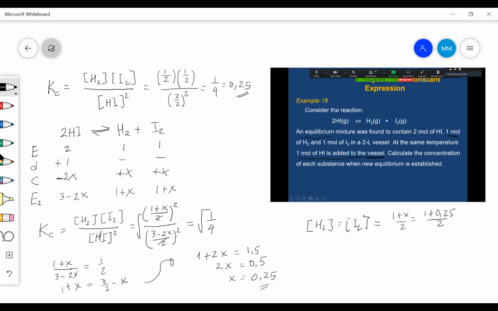It is 1.25 over 2. Calculate it, please. 0.625.